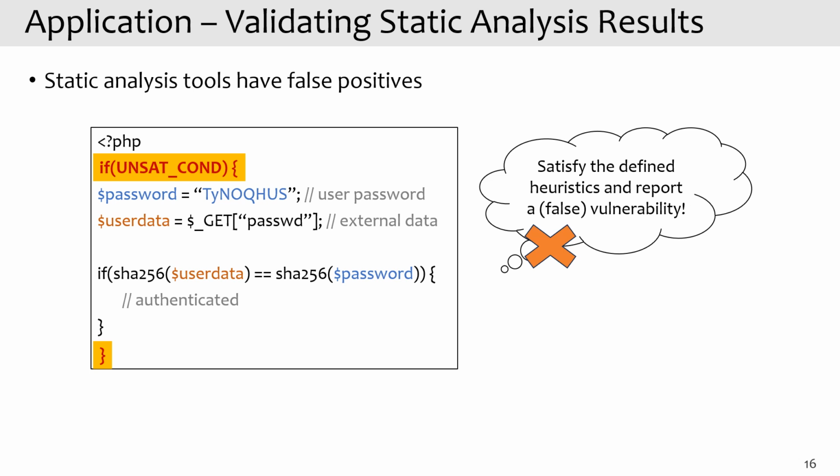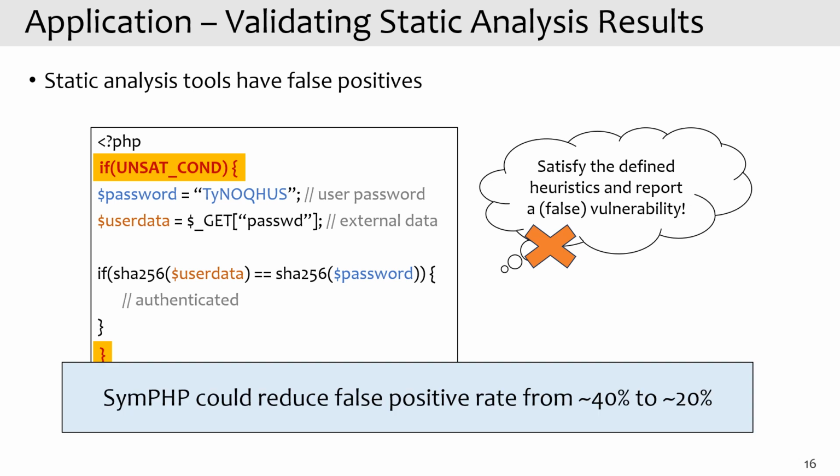It does not reason about the program paths, or whether the conditions can be satisfied in practice. So we applied our system to validate the results, and we found SymPHP could reduce the false positive rate from 40% to 20% on top of our prior static analysis tool.